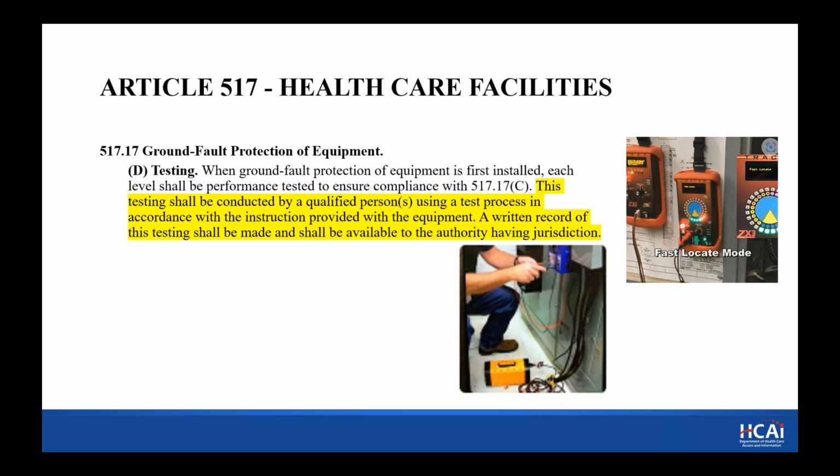Feeder disconnects in CEC 215 over 1,000 amps also need ground fault protection. 517 also requires the second level of ground fault protection, and this is what the testing on our TIO form is addressing. As a side note, the second level ground fault protection shall not be provided on the load side of essential transfer switches.